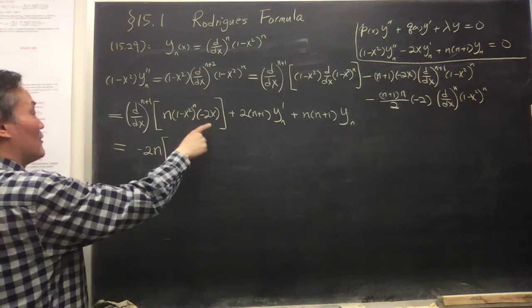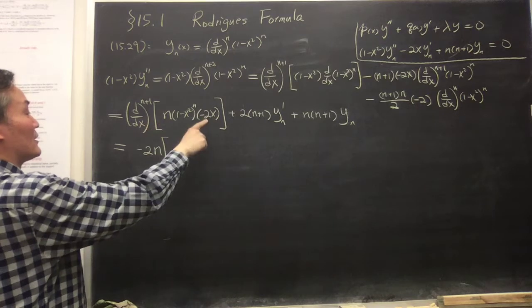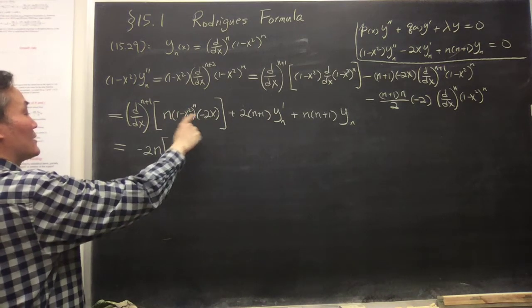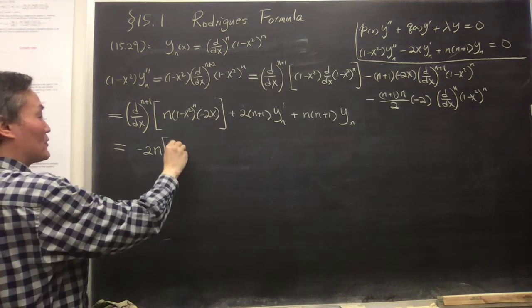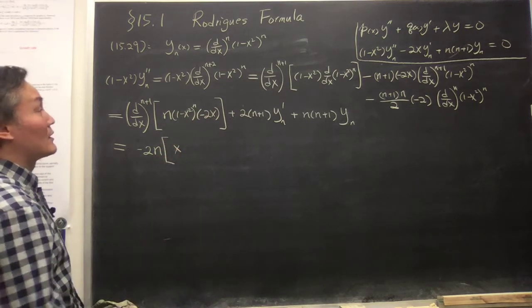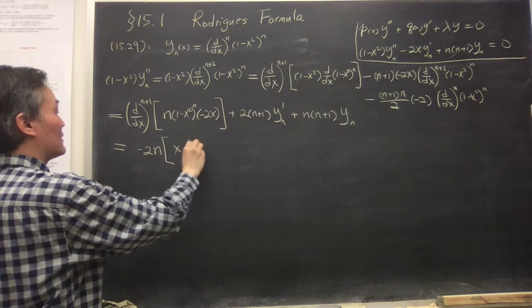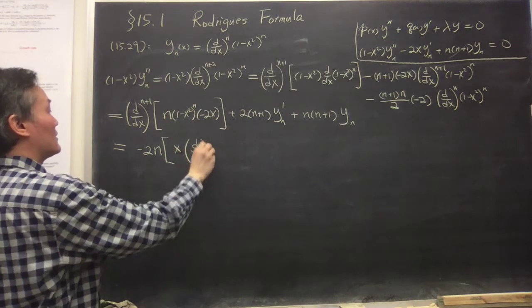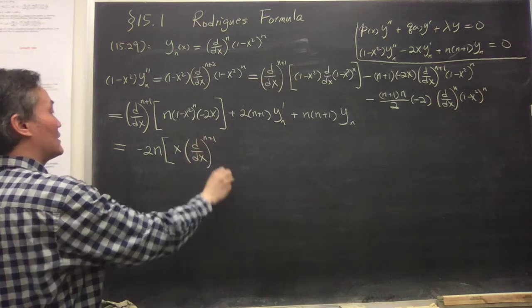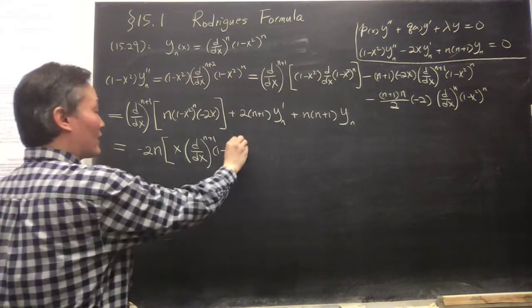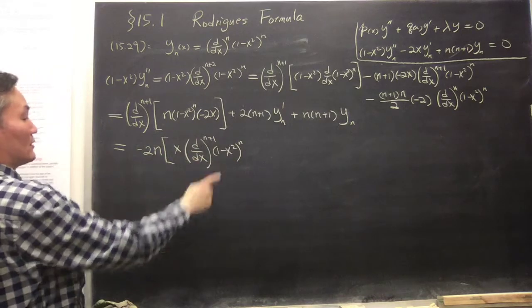So the first term is the n plus 1 derivative of this one times the 0 derivative of the other one, which is just x. Then the n plus 1 derivative of 1 minus x squared to the power n. So this is this one.